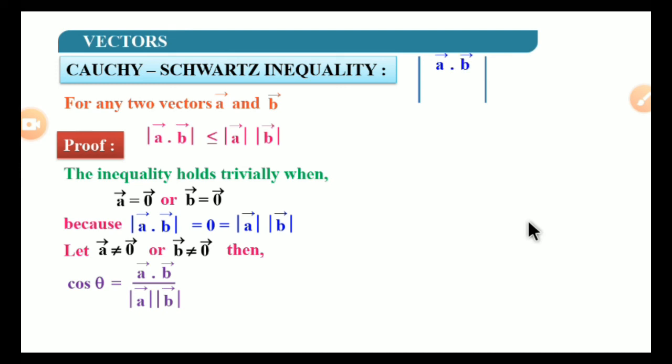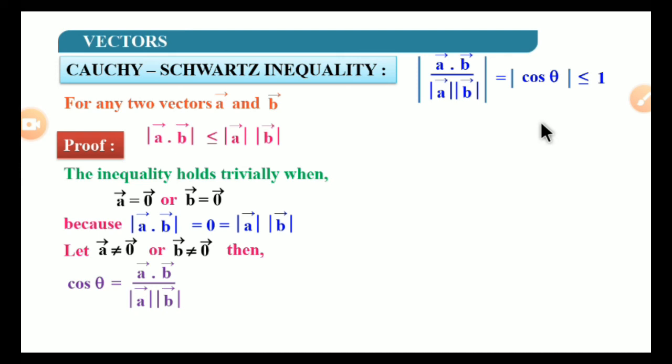Therefore, A dot B divided by the magnitude of vector A times the magnitude of vector B is equal to the magnitude of cos theta, meaning we are applying modulus on both sides. As I have already told you, the magnitude of cos theta is always less than or equal to 1, because it lies between -1 and 1.